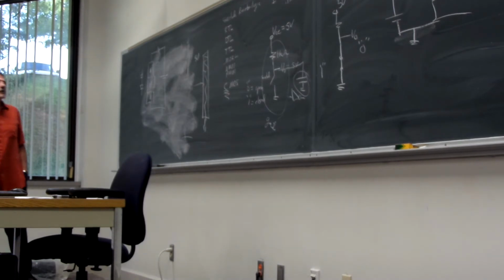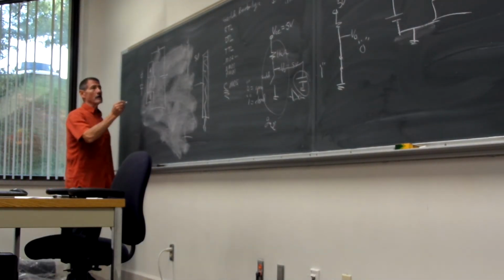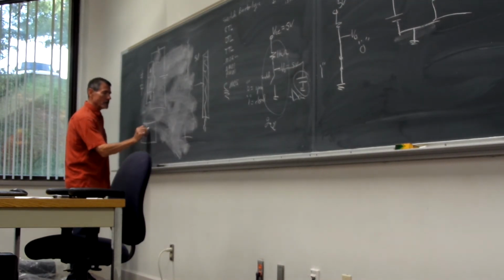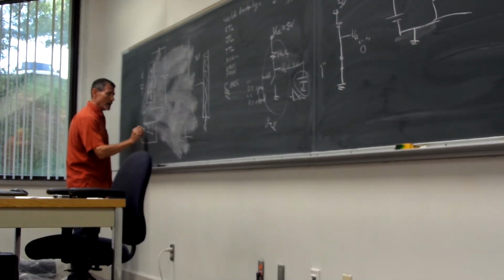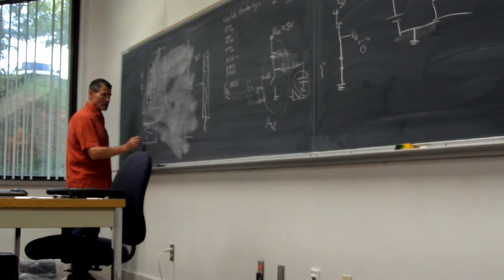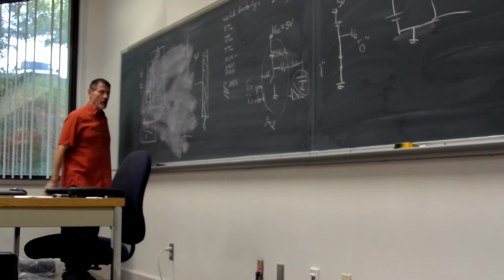Well, what I can do though, now this is not the way that transistors are made. A BJT transistor is really made like this. So here is my N, my P, and my N. This guy is the collector, the emitter, and the base.